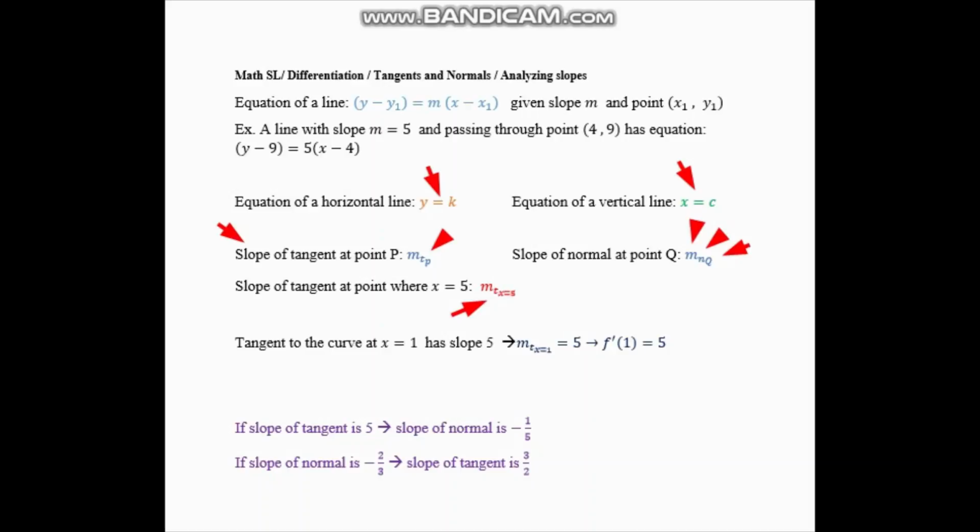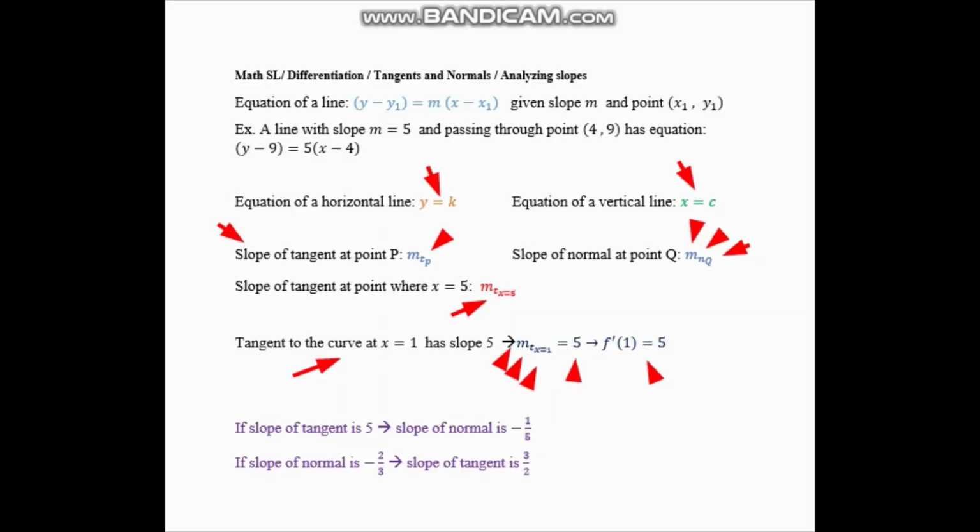How shall we use this? I shall sometimes be given that the tangent to the curve at x equals 1 has a slope of 5, for example. Then M for slope, T for tangent, x equals 1. This is the slope at the point where x equals 1, and the value of the slope is 5. Now this is very important, and we shall translate this usually in most problems into f dash of 1 equals 5.